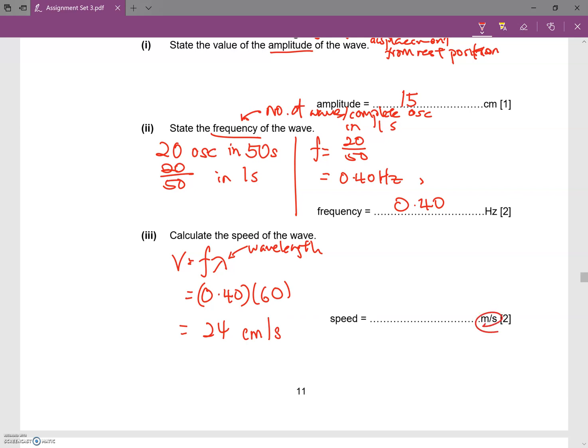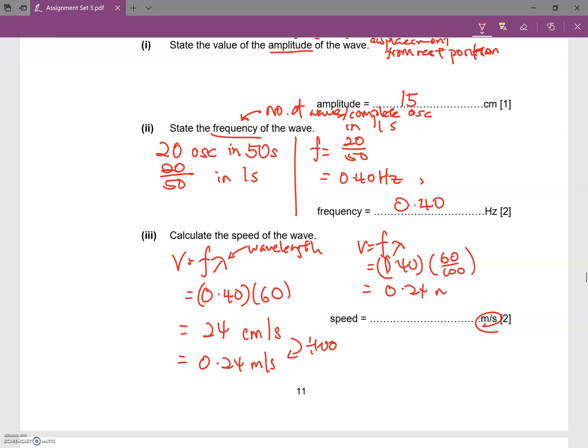There are two ways to go about this. If this is cm per second, I can just divide by 100 to get 0.24 meter per second. The other way is to convert the 60 to meters first: 0.40 multiplied by 60 divided by 100. The final answer will be 0.24 meter per second.